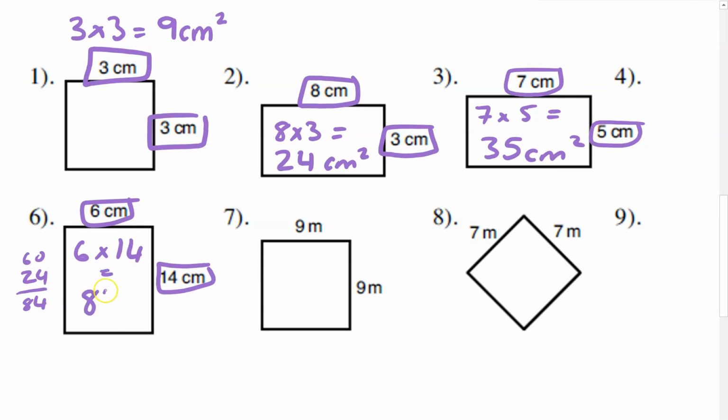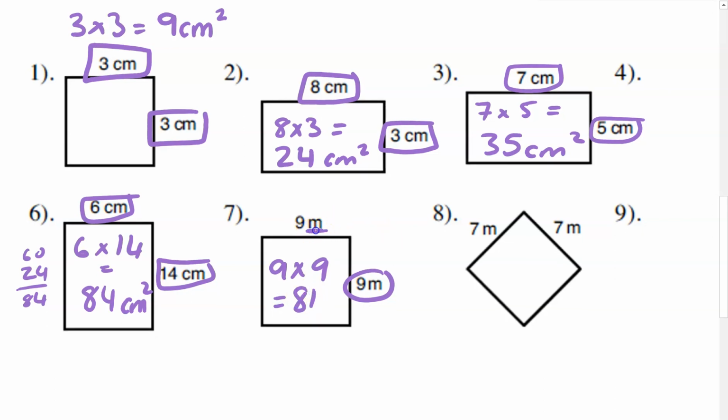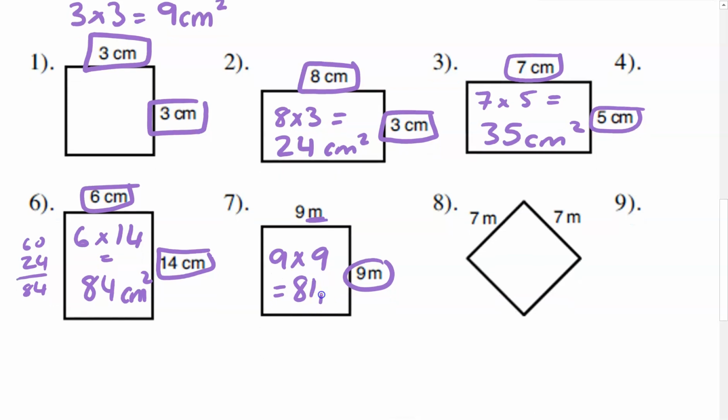Need equals in there, centimetres squared. And then 9 and 9, 9 times 9 is 81. But careful, this one is not centimetres squared, it's metres squared. And this one, although it's slanted, it's still 7 by 7, so 7 times 7 is 49, and again metres squared.